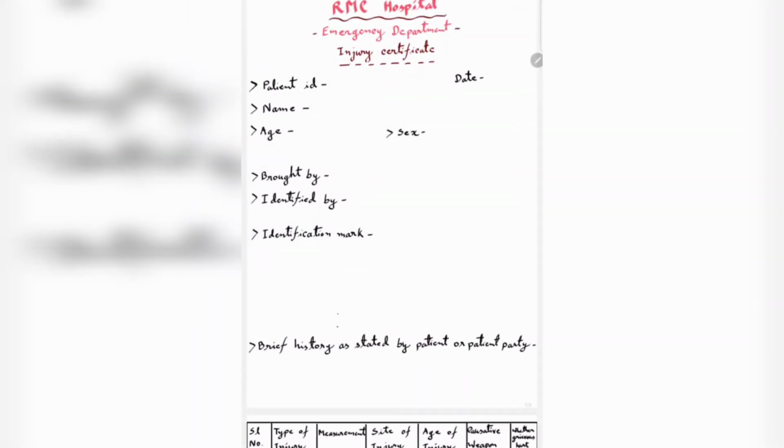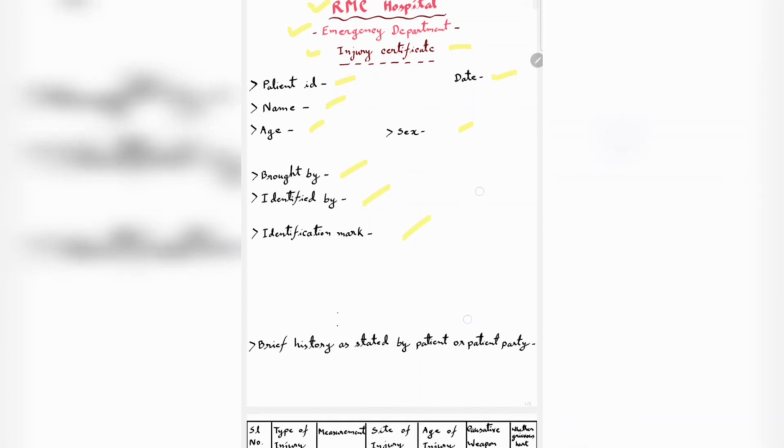So this is the format of an injury certificate. At first the name of the hospital, then the department and the heading of injury certificate, then the headings: patient ID, name, age, sex and date, brought by whom, identified by whom, identification marks of the subject or the patient, brief history, then the injury types, then advice and the prognosis, and at last the signature and the registration number of the medical officer or the doctor.